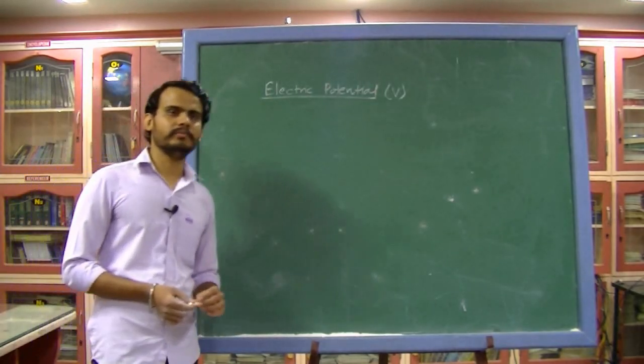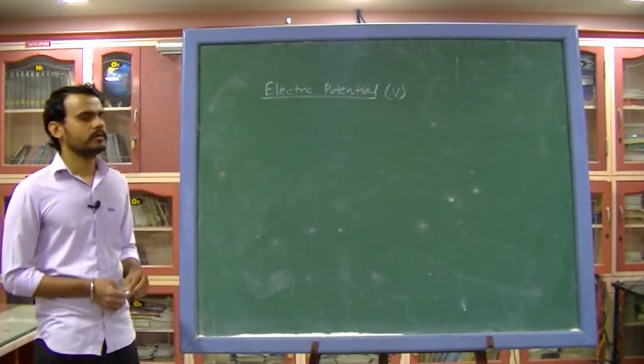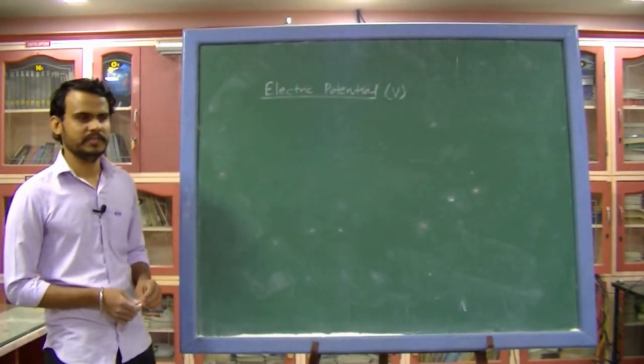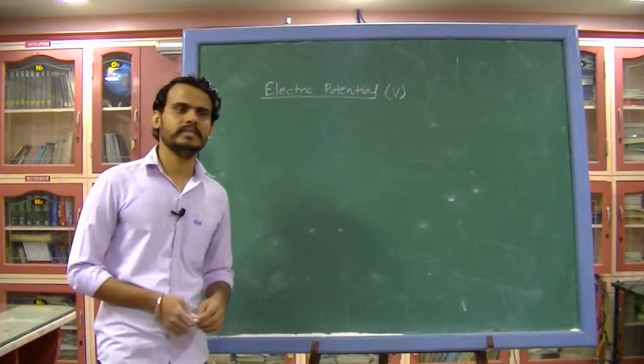Work done to move 1 coulomb charge from a reference point to a specific point in an electric field is called electric potential.